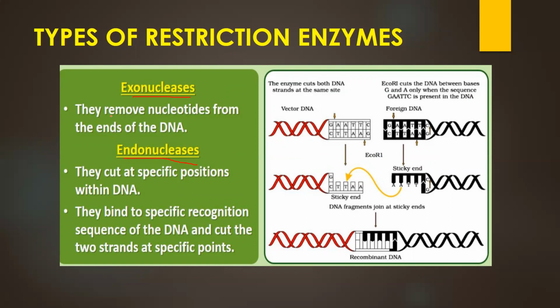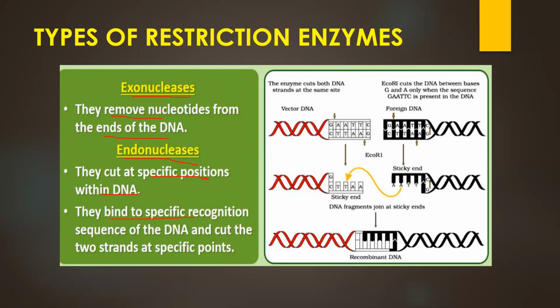Exonucleases remove nucleotides from the end of the DNA. It cuts from the very end of the DNA. Whereas endonuclease cuts at a specific position within the DNA, in the middle of the DNA.